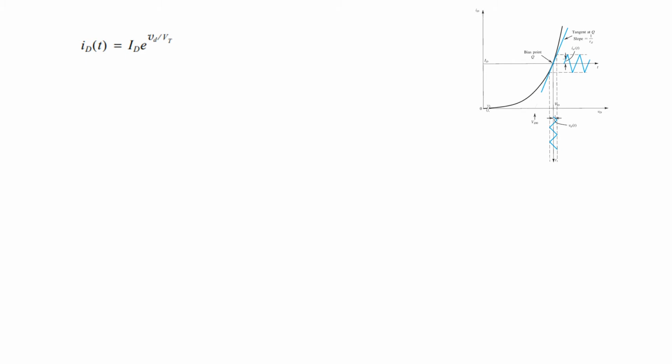Okay, so we were here, and now we come to the small signal analysis. What we are saying is that if this vd is kept sufficiently small, that is, this voltage is very small, the condition is that it should be very small, then this term vd over VT is very much less than 1.